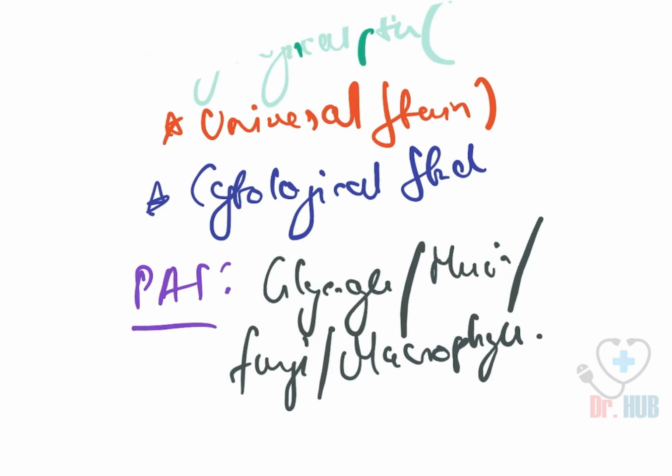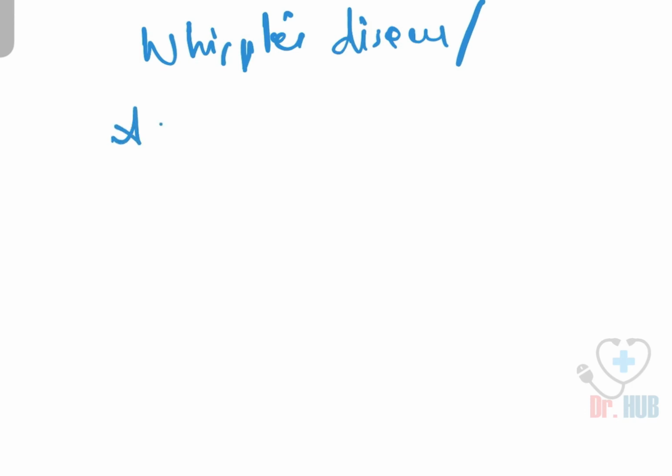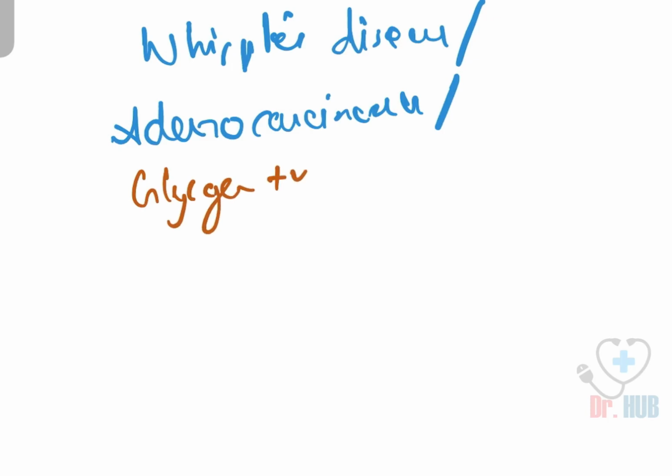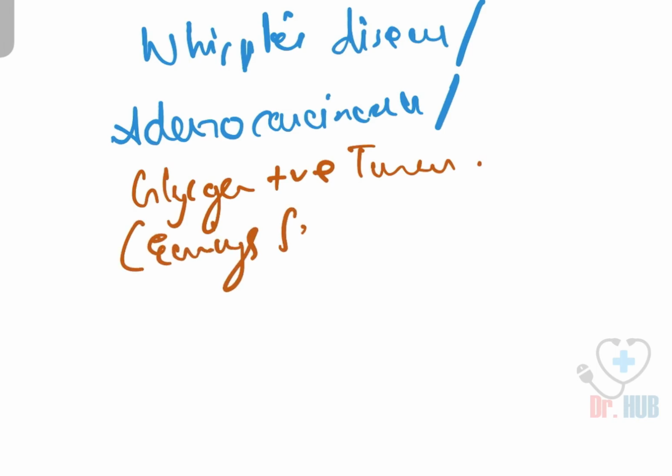Looking at the conditions, it is used in disorders such as Whipple's disease, adenocarcinomas, and glycogen positive tumors. The glycogen positive tumors include Ewing sarcoma as well as renal cell carcinoma.